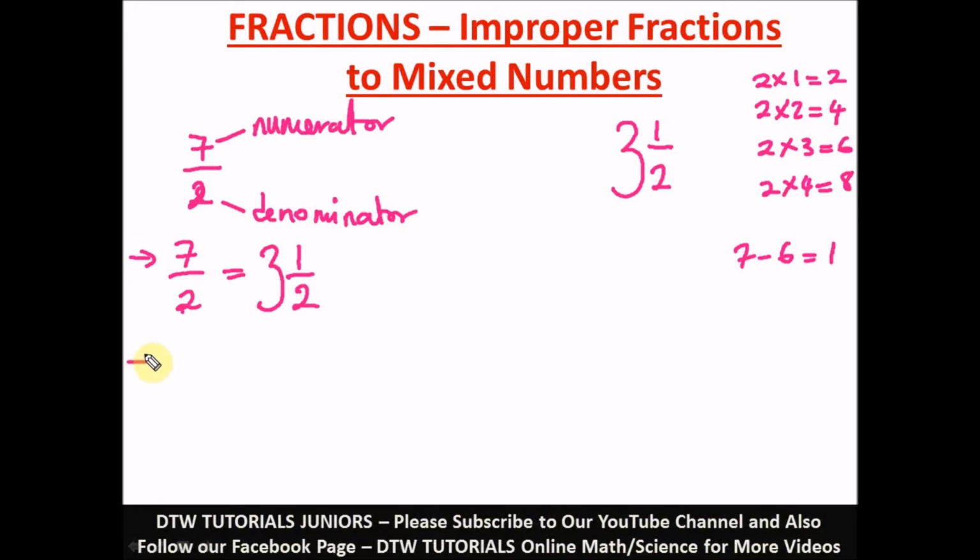Let us do another example. Okay, so let's say we have this example. We have 17 over 4, an improper fraction. Okay, the numerator is greater than your denominator. Okay, and we have to convert this improper fraction to a mixed number. So we have to find out how many 4s can we get from 17, or better still, in another statement, 4 would go in 17 how many times?